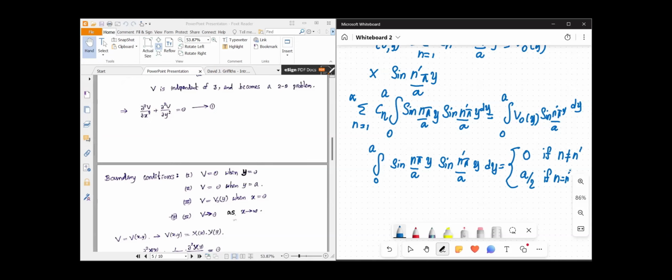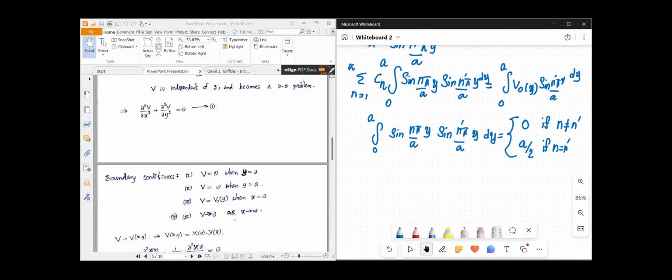So with this whole summation, we only get a solution other than 0 when n is equal to n prime. If n is not equal to n prime, it's going to be 0.